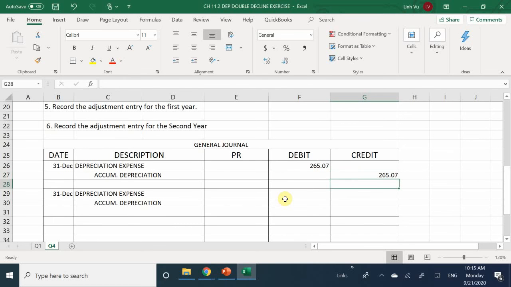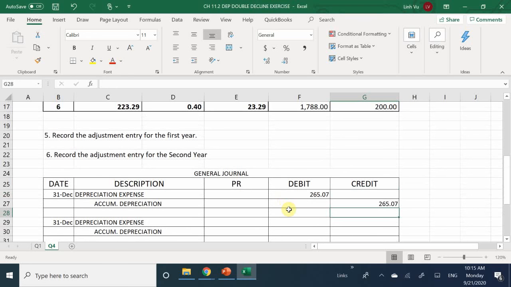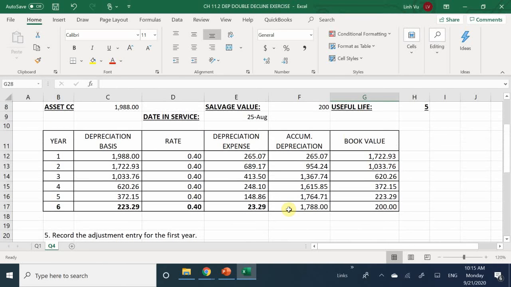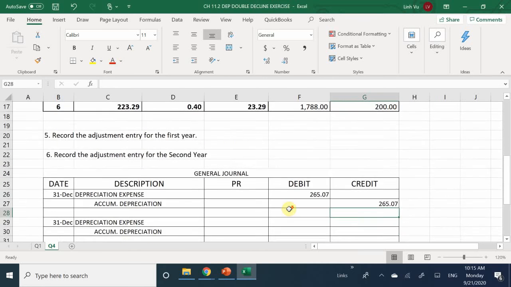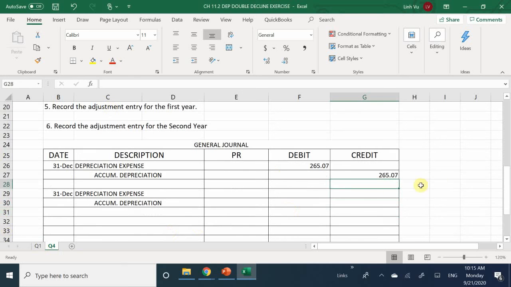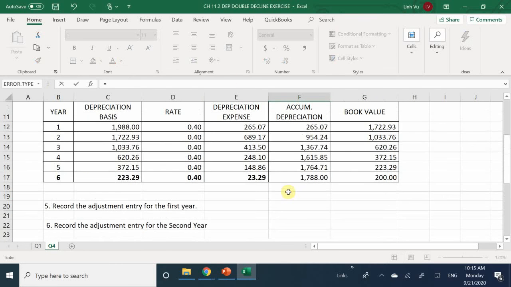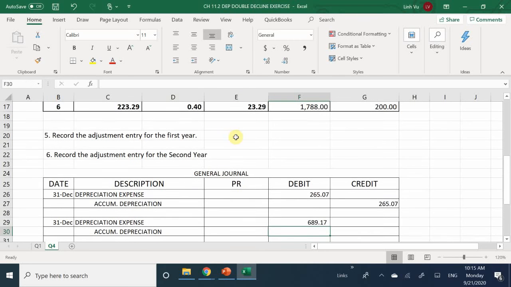Then for question number 6 here, record the adjustment for the second year. So in this case, what was my second year? 689.17. I'm just going to cell reference it because I don't remember it. So here, 689.17.